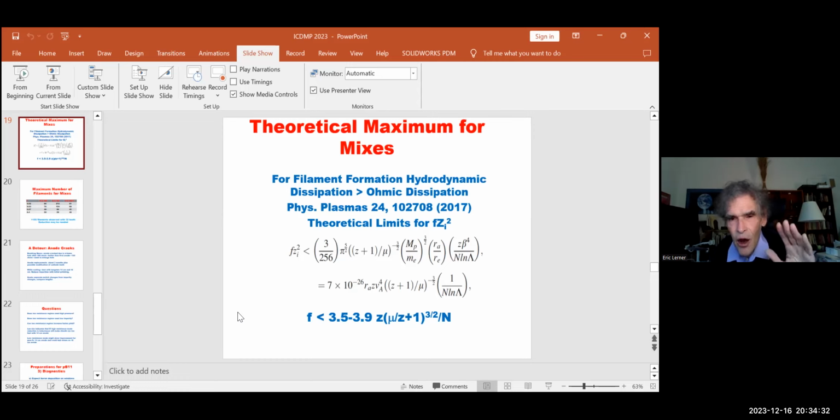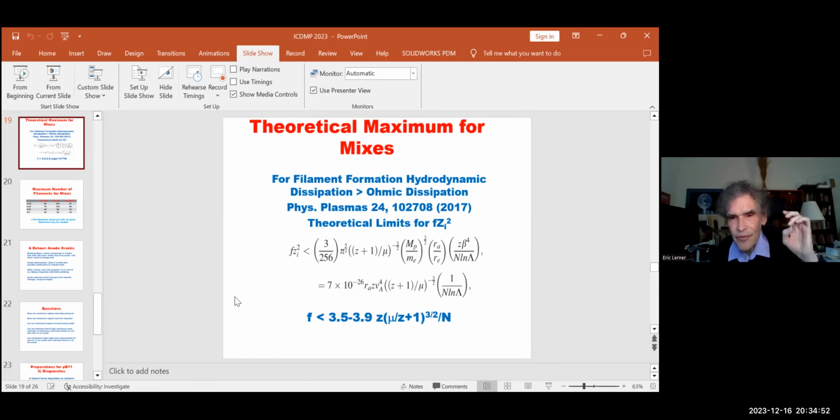If ohmic dissipation, the resistance of the plasma, is dominant, filaments are not going to form because the minimum dissipation is going to be achieved by spreading the current out evenly.